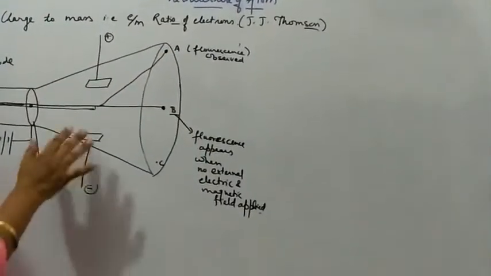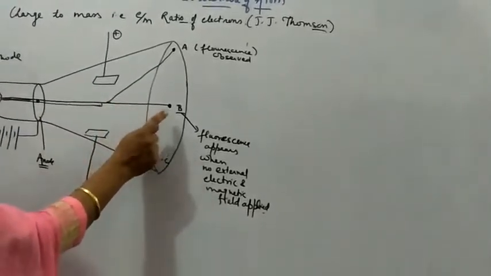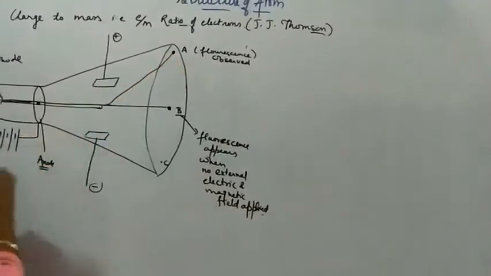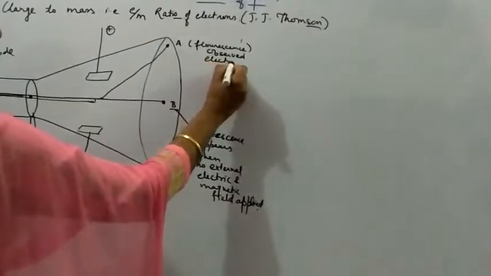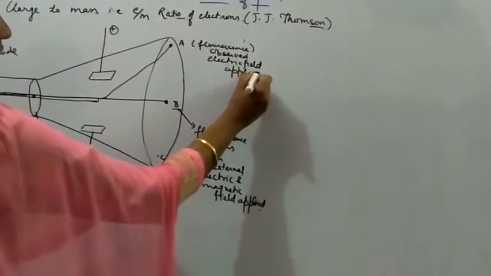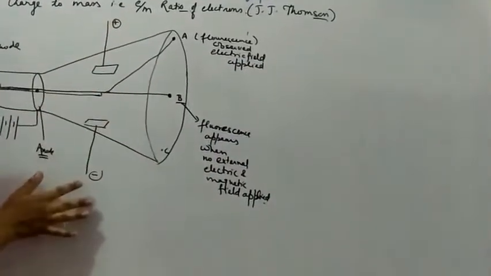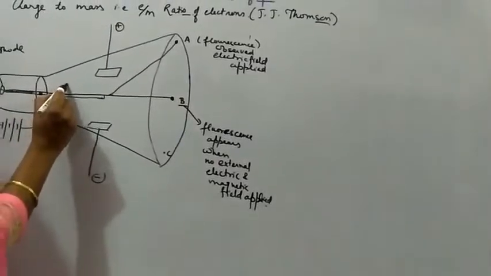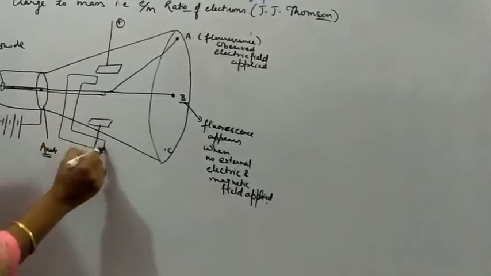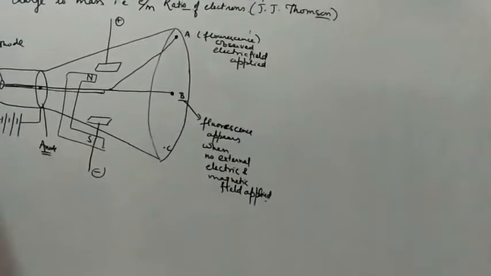Now the first case was when there was no external electric field or magnetic field. This point A is when the electric field is applied. Now the electric field has been removed and the external magnetic field is applied by placing the horseshoe magnet.